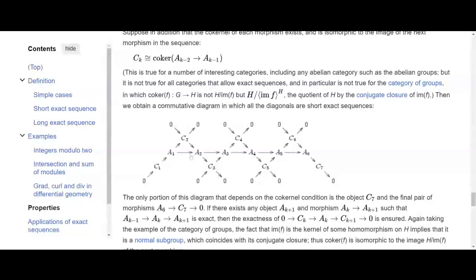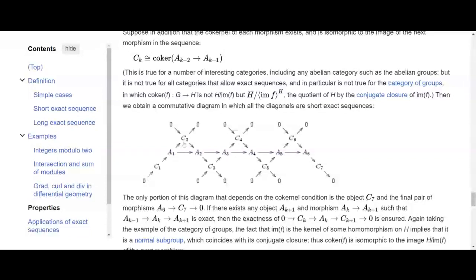The mapping from A1 to A2 has a kernel, so you write C1 for the kernel, but it also has a co-kernel. The co-kernel is just A2 mod the image of this map, so that would be the quotient.